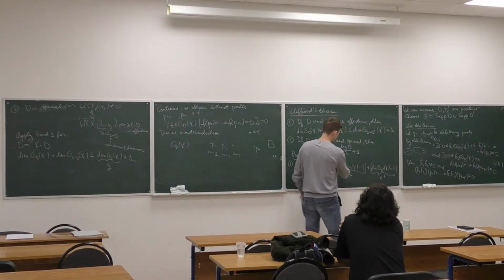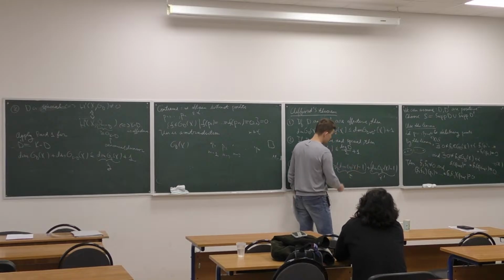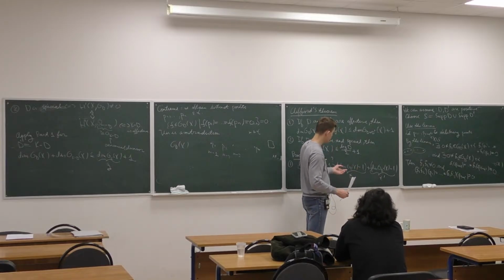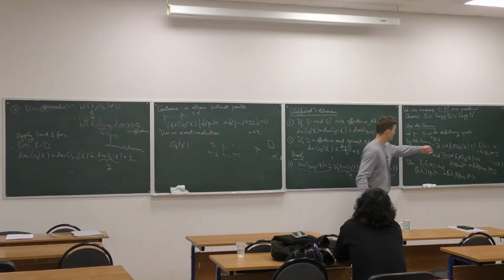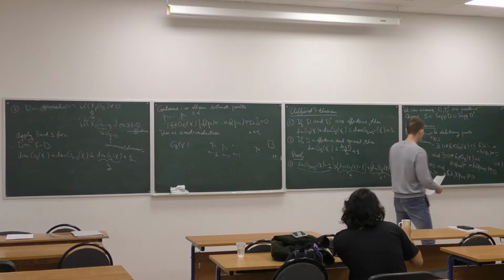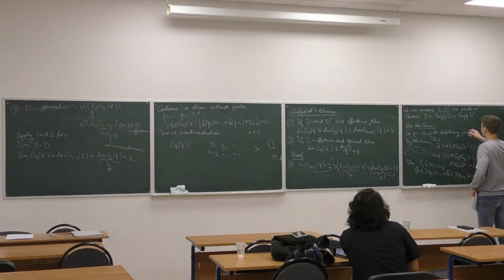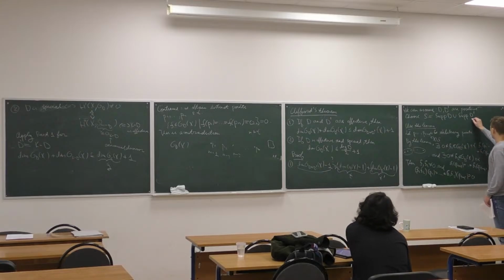So you see, this dimension is equal to t. Then for any t points, there exists a function that vanishes at these points. But the function is in D plus D prime. Of course, I did not say it explicitly.